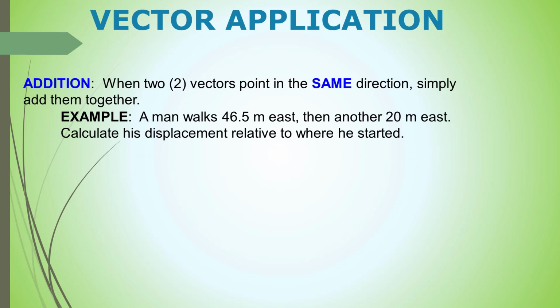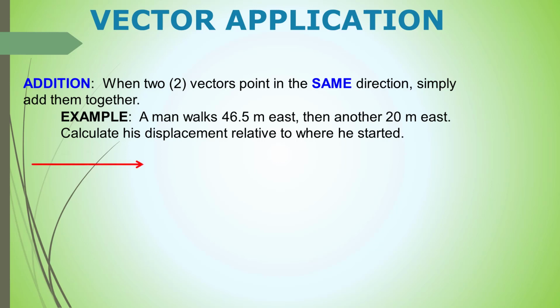Another example: if we have two forces in the same direction, then we simply add them. For example, a man walks 46.5 meters east, then another 20 meters east, the same direction. Calculate his displacement relative to where he started.